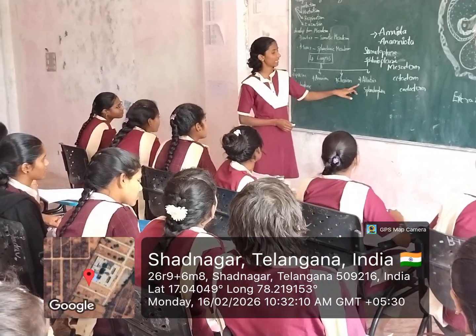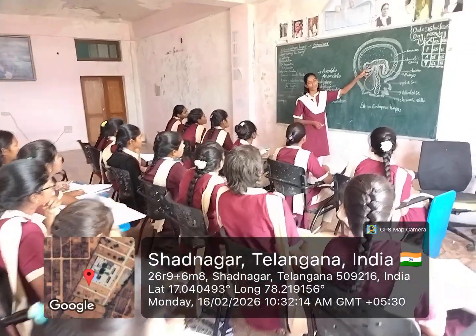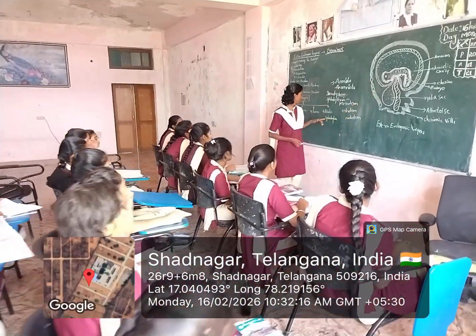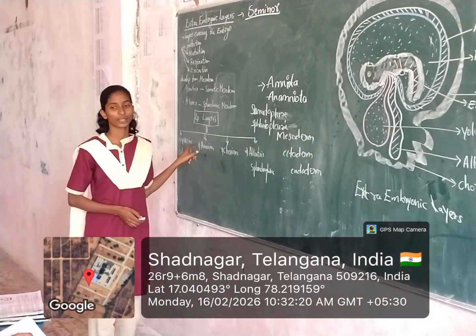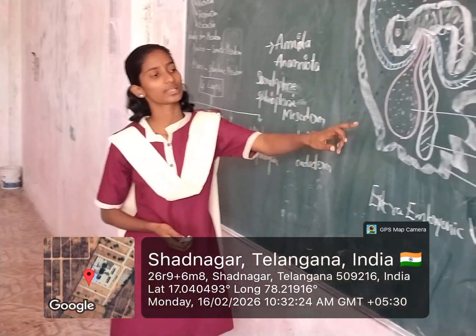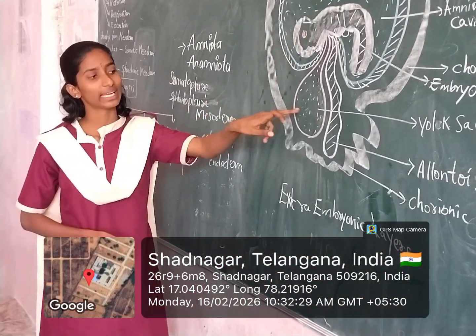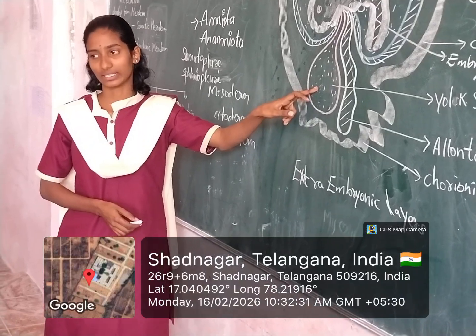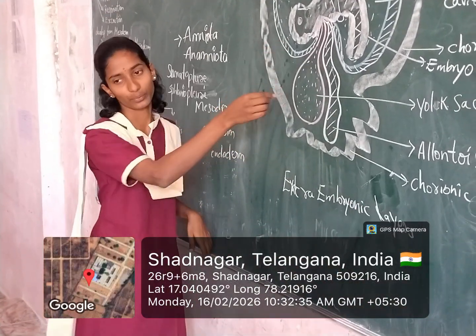The main function of allantois is removing waste products from the embryo. And the yolk sac helps in transmission of digested yolk from the yolk sac to the embryo with the help of vitelline veins, and it also receives arteries from the embryo.